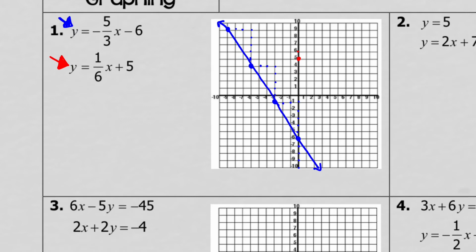The right. To the right. 1, 2, 3, 4, 5, 6. Okay. And if I go down 1, do I go right or left? Oh, you go to the left. Go to the left. 1, 2, 3, 4, 5, 6. Okay, now I'm going to connect my points.